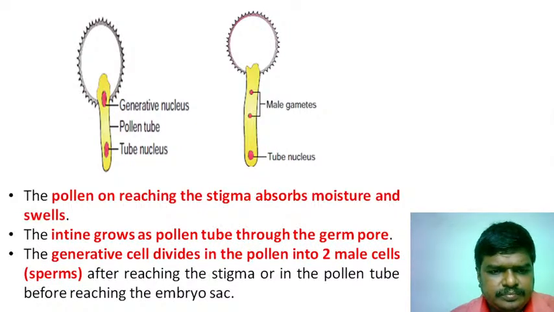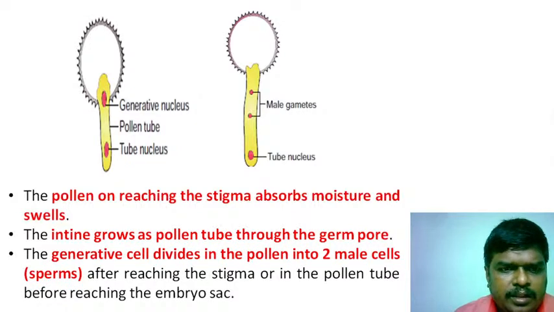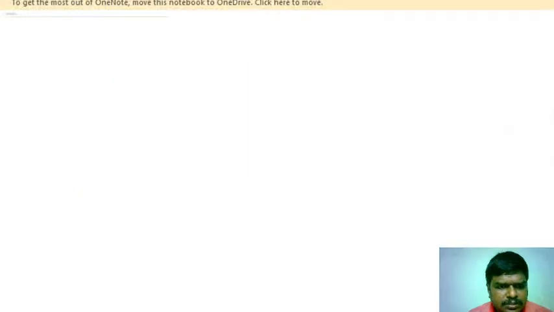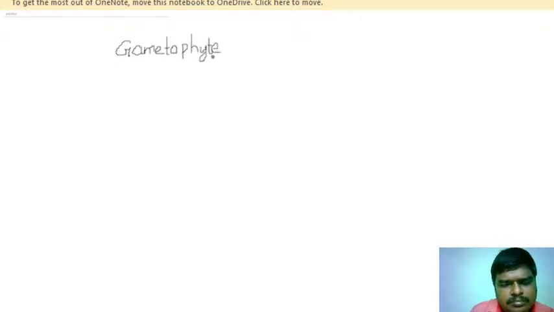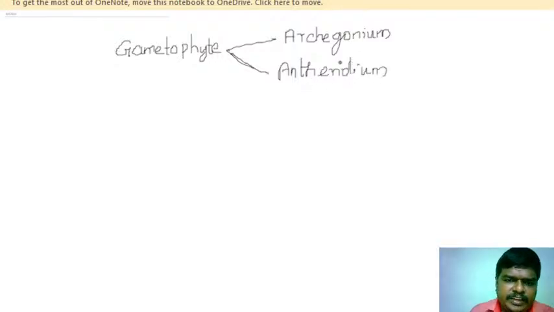In plants, the gametophytic structure of the plant has two structures, which are called archegonium and antheridium.